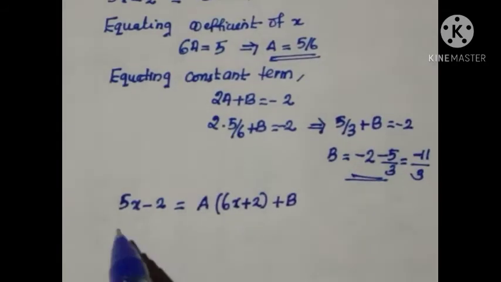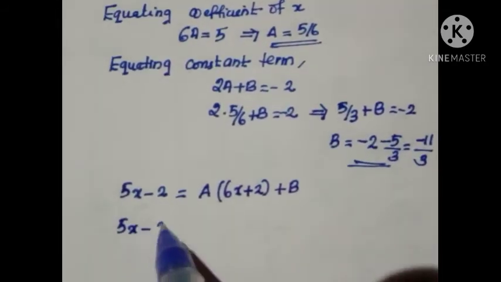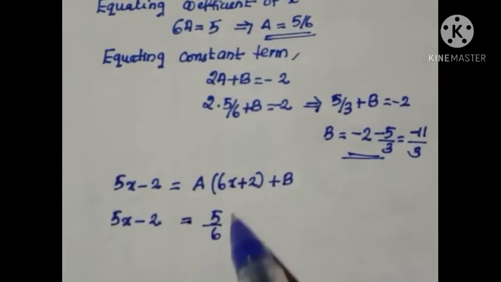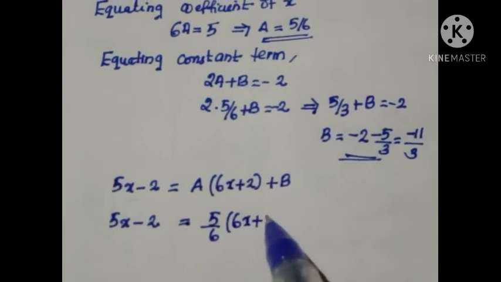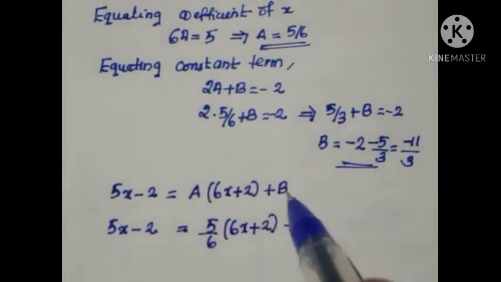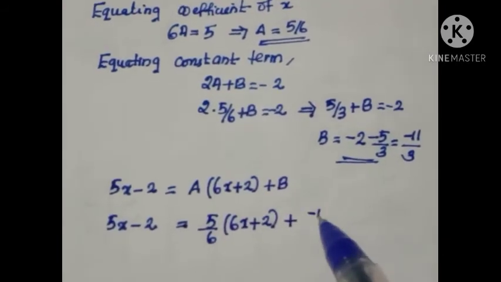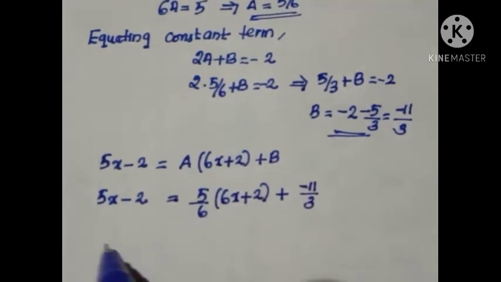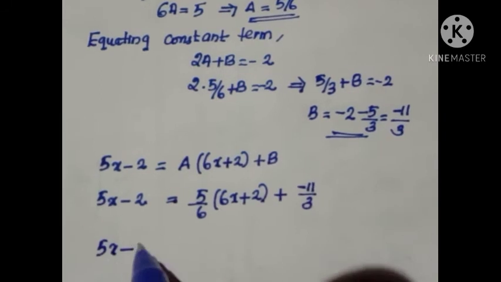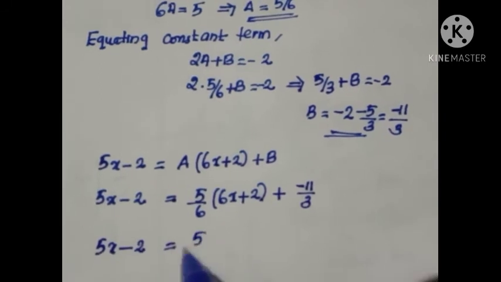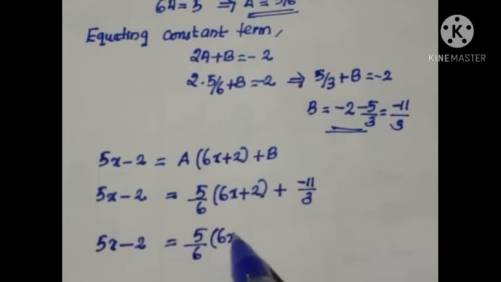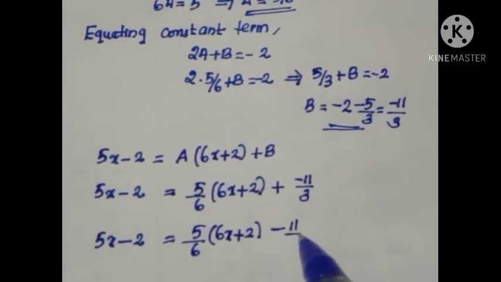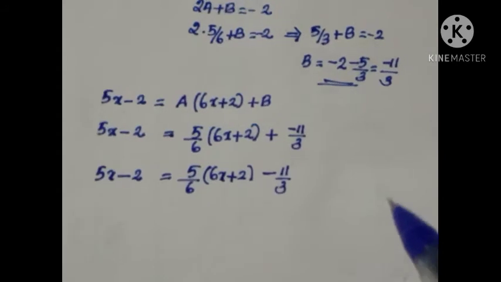So this becomes 5x − 2 equals 5 by 6 into (6x + 2) plus b, and b is −11 by 3. So 5x − 2 equals 5 by 6 into (6x + 2) plus (−11 by 3).